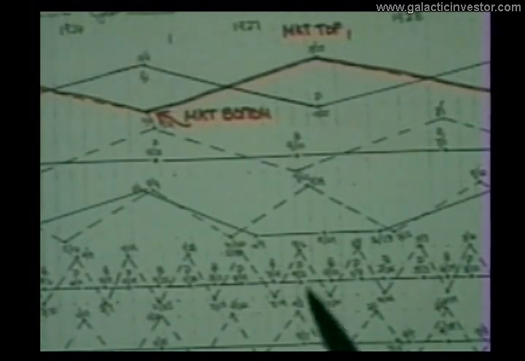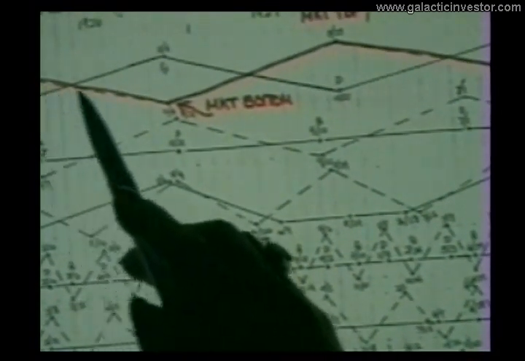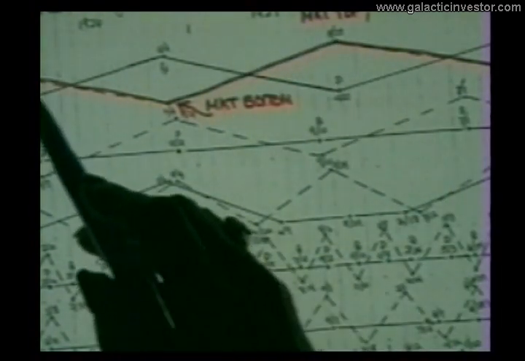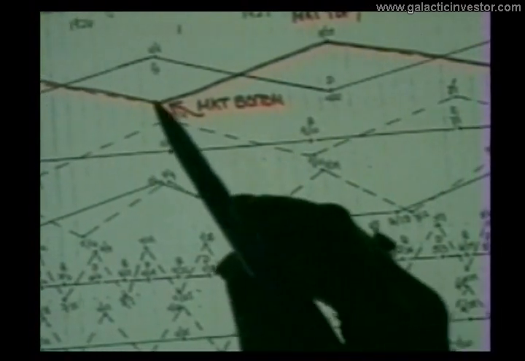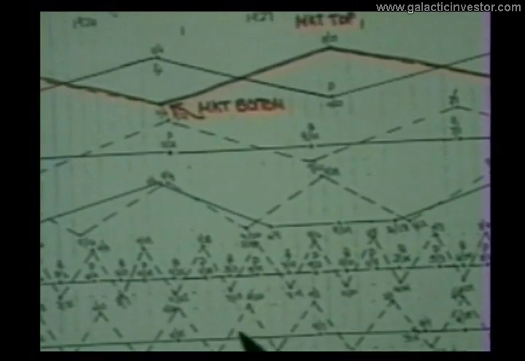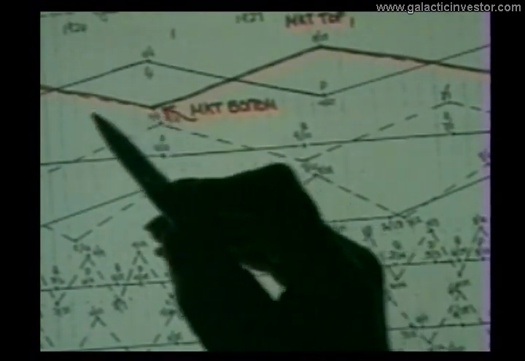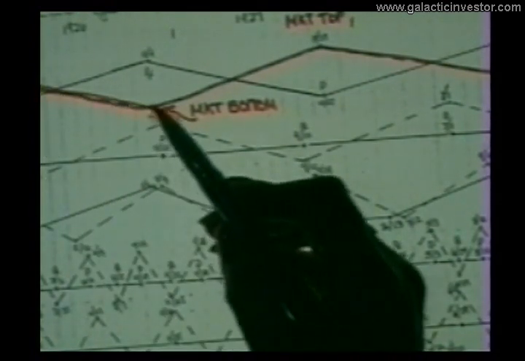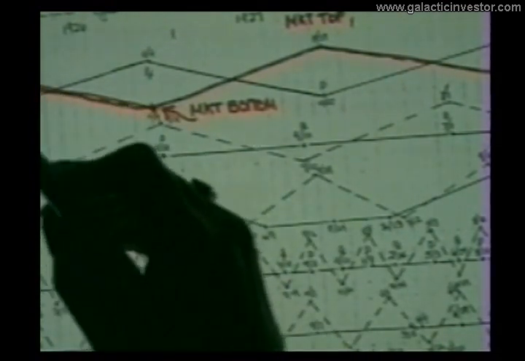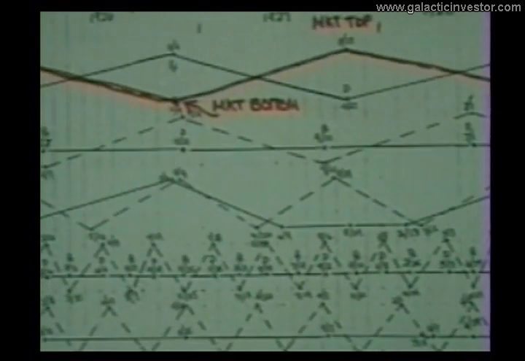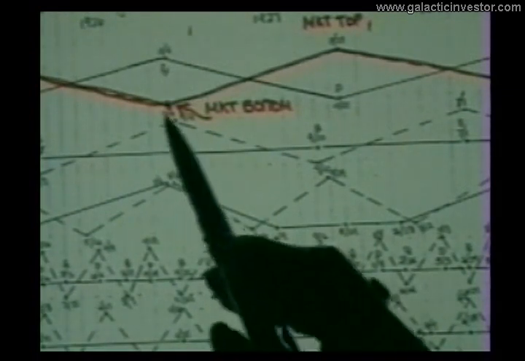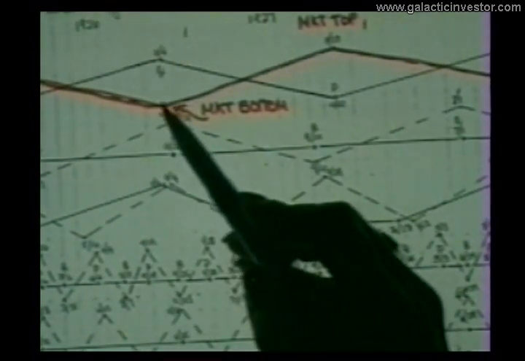And the cycle I have colored in red, the dotted line, is the heliocentric line. The reason I use this cycle is because it works with the market bottoms. When we come down from the opposition to the conjunction, heliocentrically it's Mars with Earth, and when it comes down into a conjunction with Earth, we get a bottom cycle in the market.